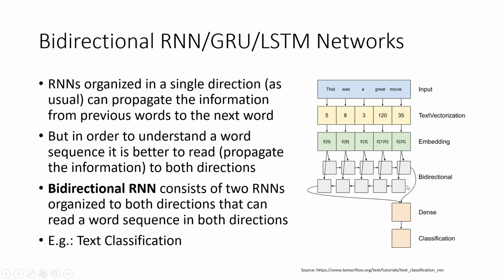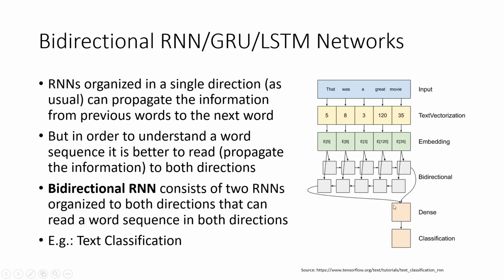Because there are 2 different directional sets of RNNs, this one is known as a bidirectional recurrent neural network, right? And the output is also taken. This is a text classification problem, so we take the final hidden state output from this direction and the final outcome of this direction as the output, and we concatenate them and pass them into a dense layer, or the feed forward layer in deep learning.